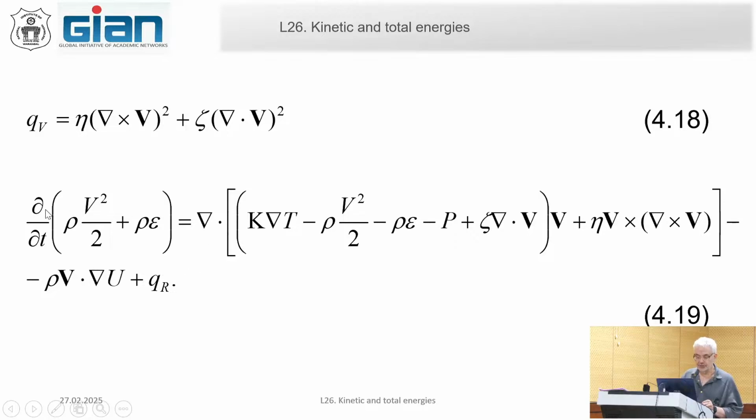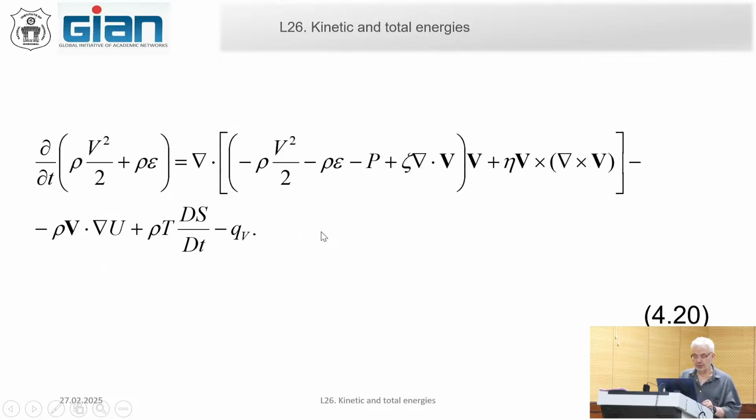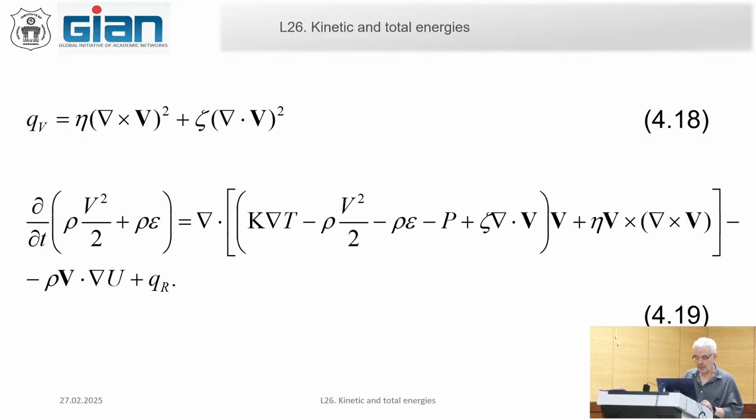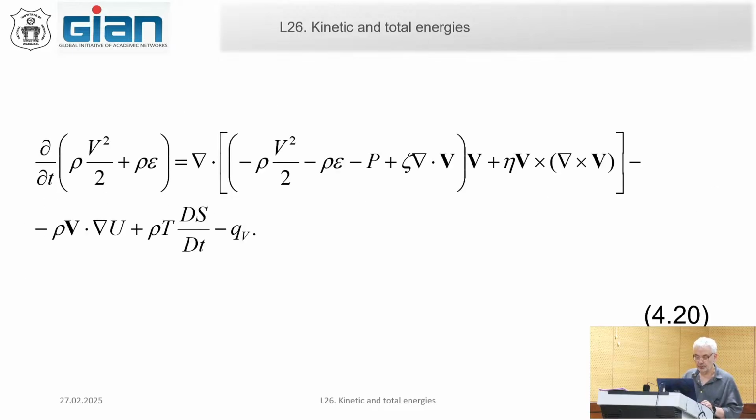And this balance in differential form looks like that. And if we proceed further, we can replace the terms from here by the entropy terms, including this entropy term, which is responsible for the cooling down of the planet we are discussing.